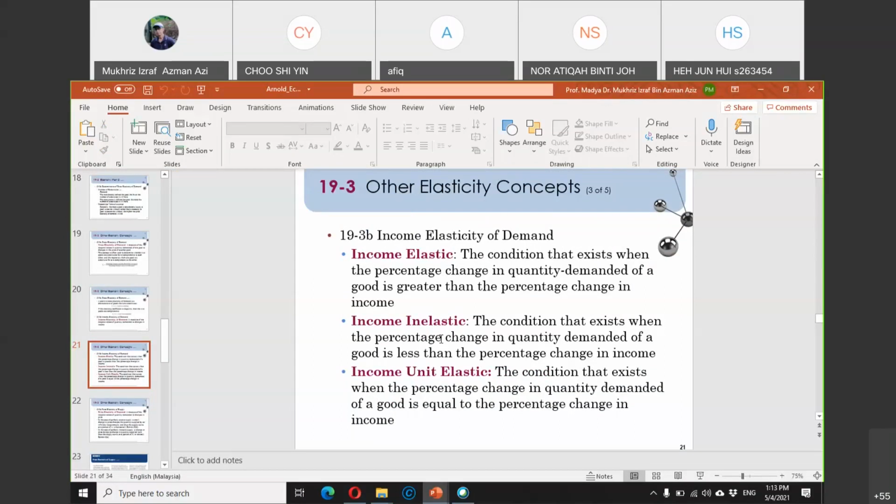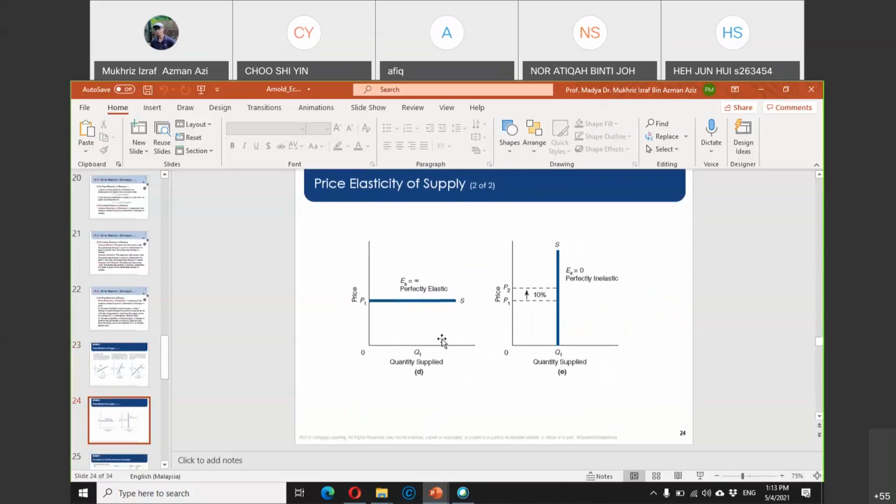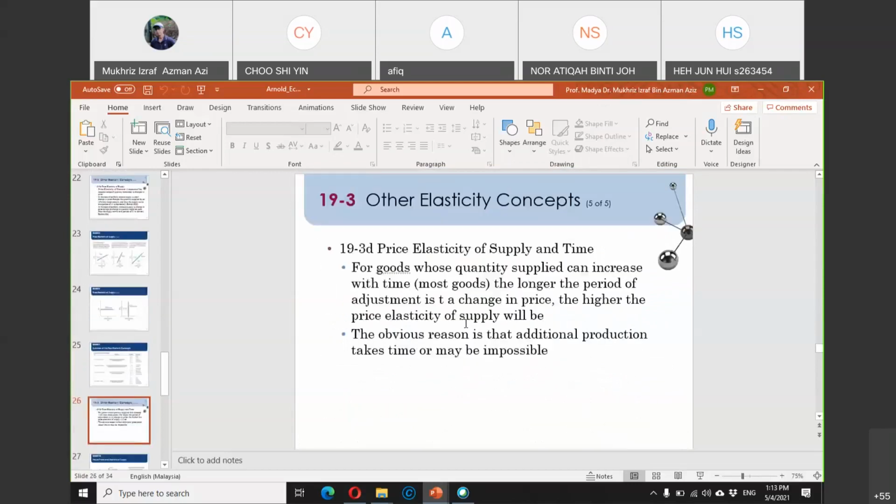But since we have 1 week to cover, maybe this coming Thursday we can finish the elasticity of supply and do a bit of revision.